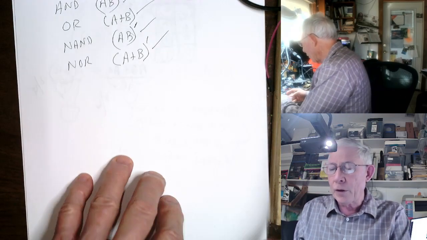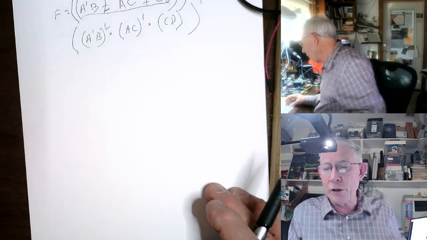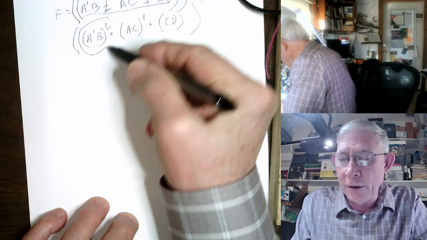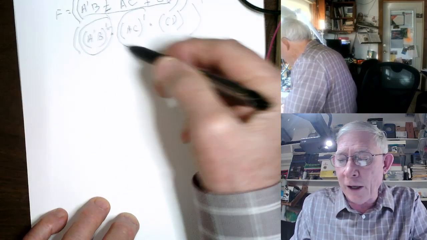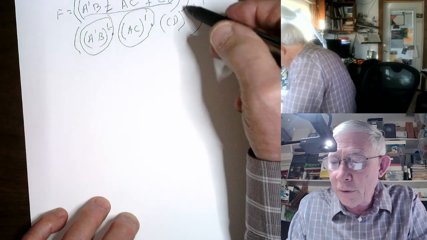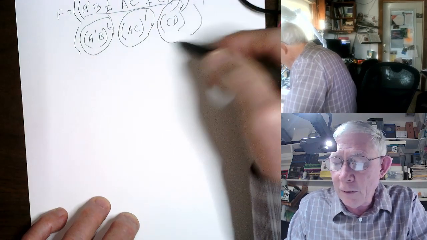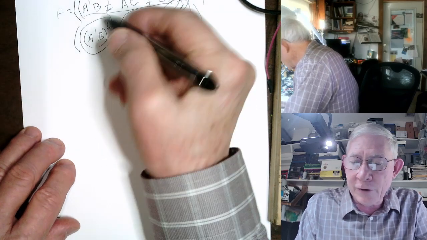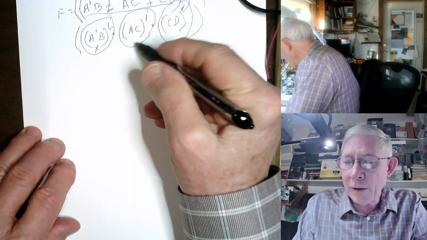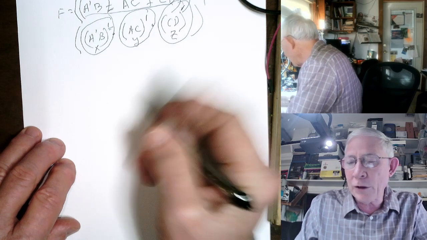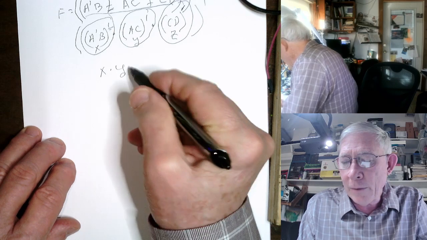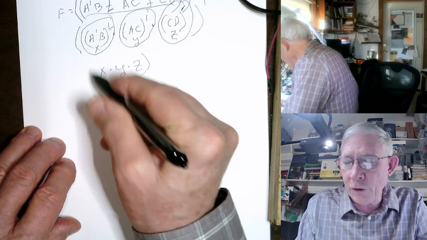So if you look at our equation here, this is a NAND, this is a NAND, and this is a NAND. And notice, if we call this X, and this Y, and this Z, then we can substitute in, and we have X, Y, Z, all inverted.